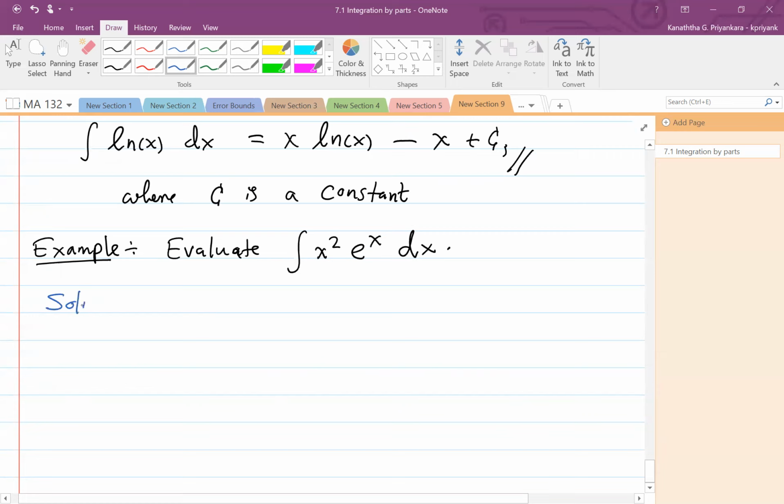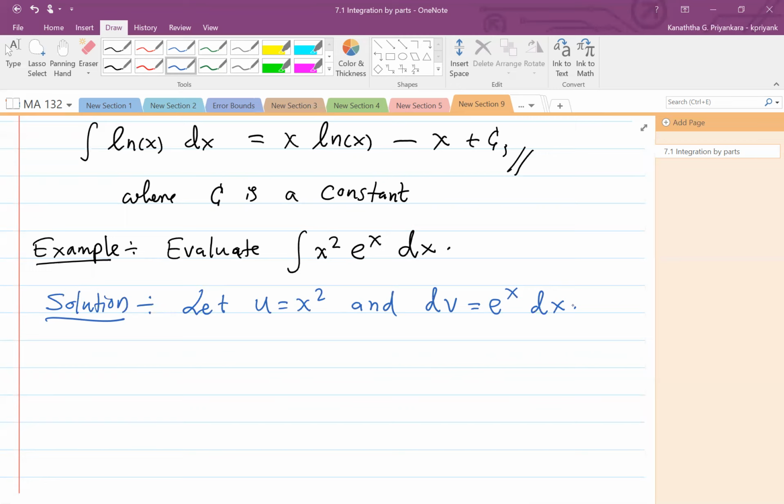Solution. Let u equal x squared and dv equal e to the power x dx. Now I can apply the integration by parts formula. Before that, I need to compute du. Since u equals x squared, we get du over dx, which is the derivative of x squared, which is 2x.